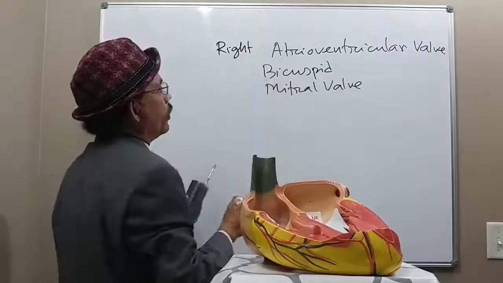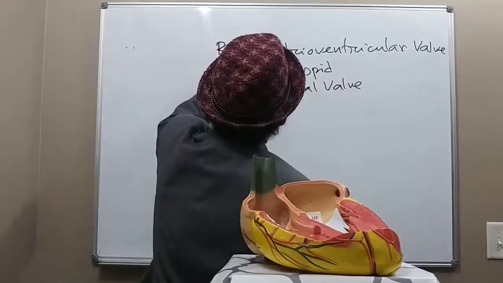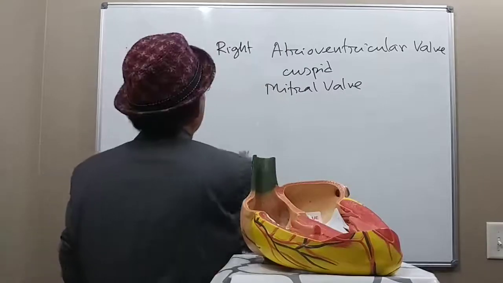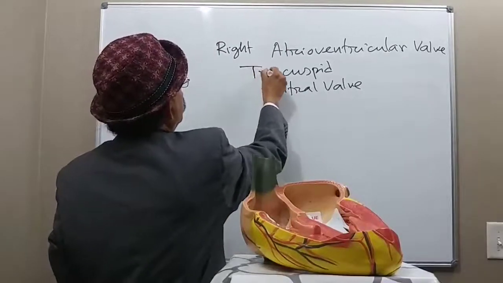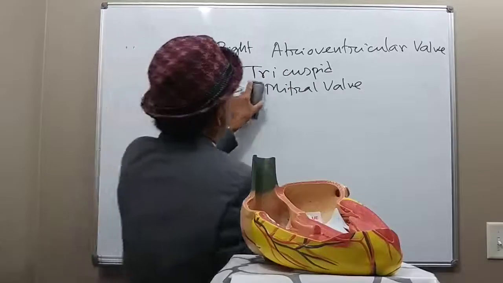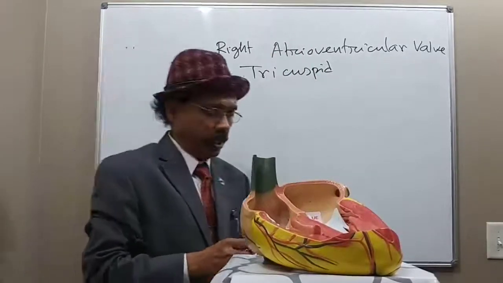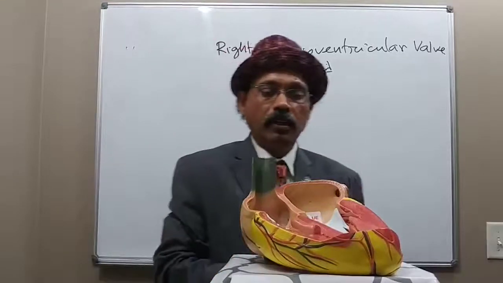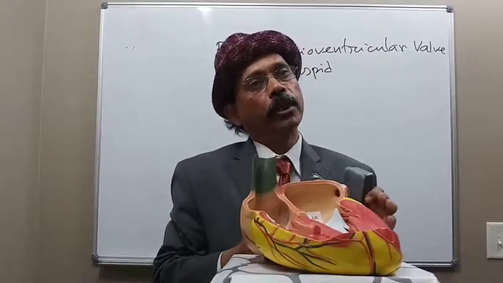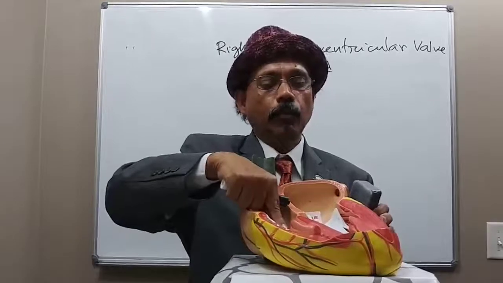Right atrioventricular valve is also called tricuspid valve. So right atrioventricular valve has three cusps. In our model, we're seeing only two. Actually, we should have three cusps like this. This is one.